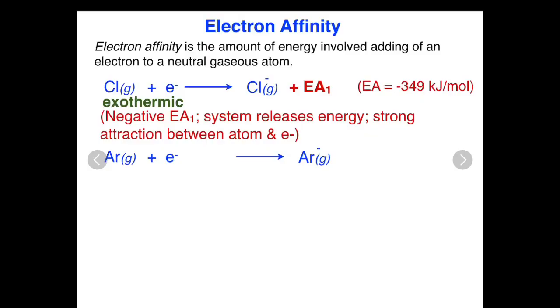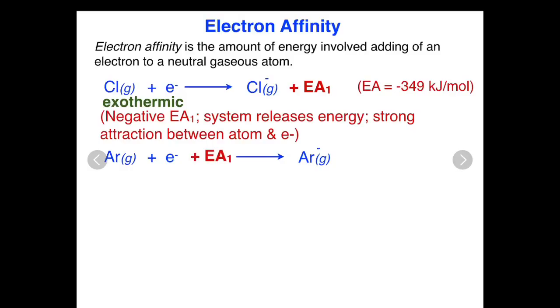Remember, the noble gas already has the most stable electron configuration. It doesn't want to lose or gain any more electrons. So in this case, this process is not favorable because argon doesn't want to accept any more. But it can happen. If you want this to happen, then you will need to add energy to it.